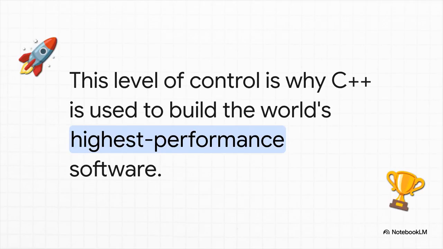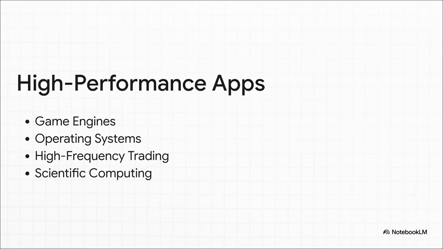This direct, down-to-the-metal control over memory and logic, that is precisely why C++ is the language you use when you need to build the world's highest performance software. When you absolutely have to squeeze out every last drop of performance. I'm talking rendering mind-blowing graphics in a game engine, managing a whole operating system, executing financial trades in microseconds, or running massive scientific simulations, this is the toolkit you reach for.